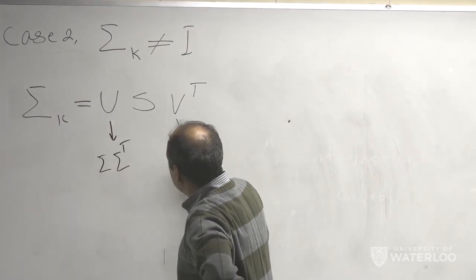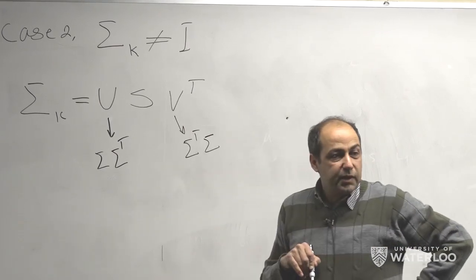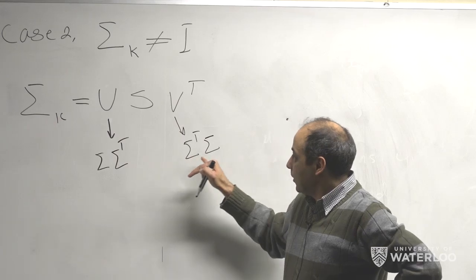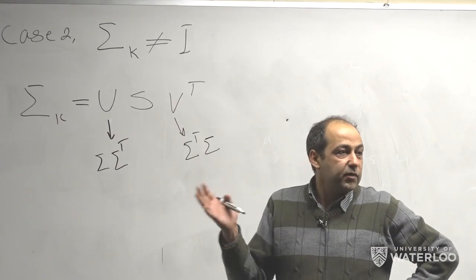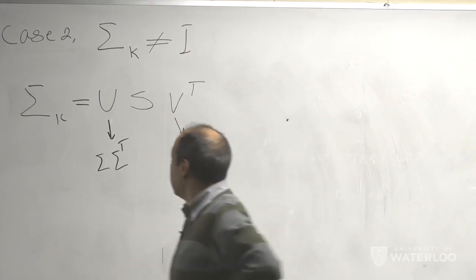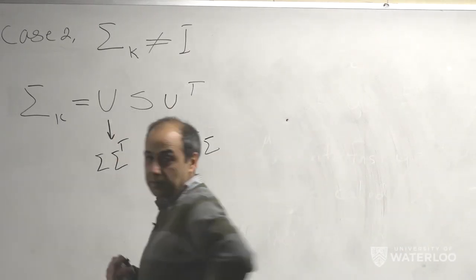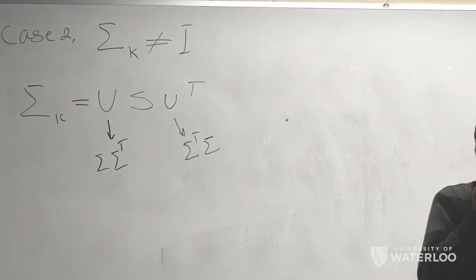This is the eigenvectors of sigma transpose times sigma. But sigma is symmetric, so sigma transpose sigma is the same thing. So V is not different from U, in fact. So I can basically write it as U S U transpose. Okay?